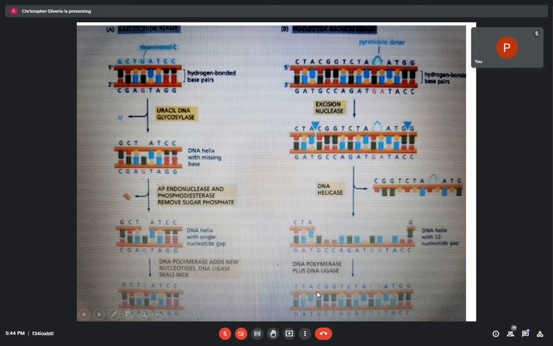As you can see in here now, there is a newly synthesized DNA fragment. And then the nick here and here will be repaired by the enzyme known as ligase. And this is how a thymine dimer is excised and repaired.